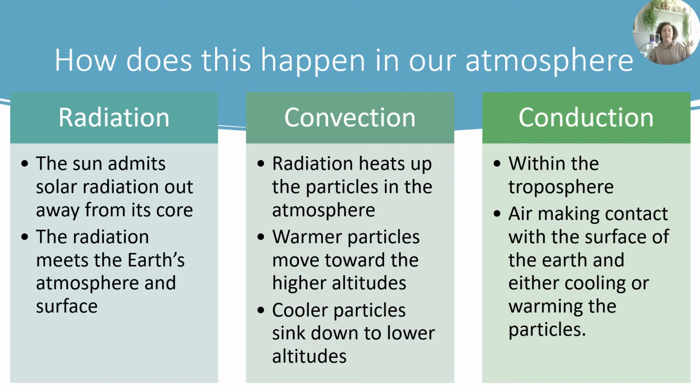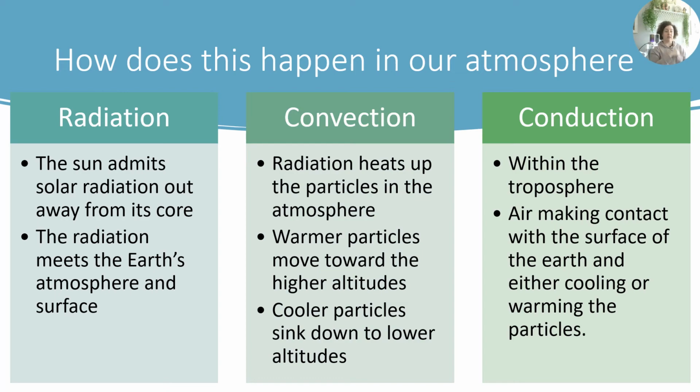Convection. This should be the easiest out of all of them. Convection is where radiation heats up the particles in the atmosphere, but then the warmer particles move toward the higher altitude because we already know that heat rises and cold sinks. As the atmosphere closer to the surface heats up, it goes up.